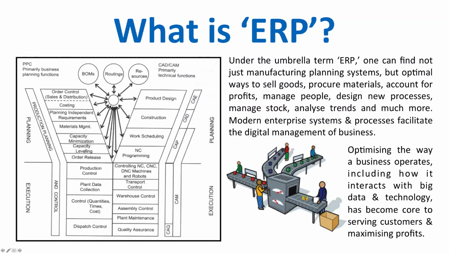So quite a complex process. This is what we call enterprise resource planning. Modern enterprise systems and processes facilitate the digital management of business. Optimizing the way a business operates, including how it interacts with big data and technology, has become core to serving customers and maximizing profits.